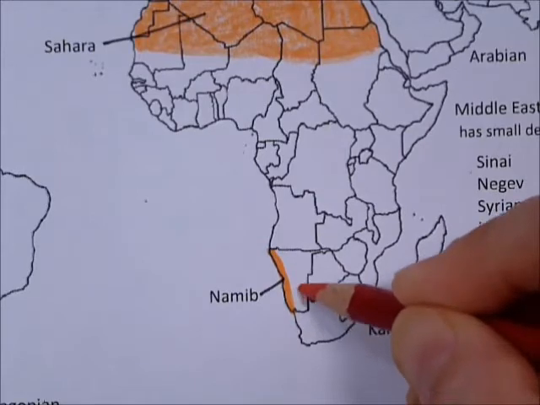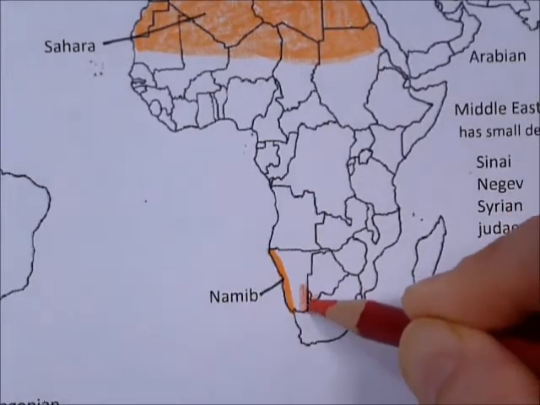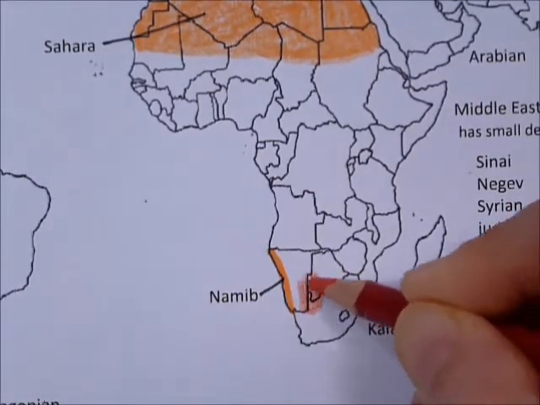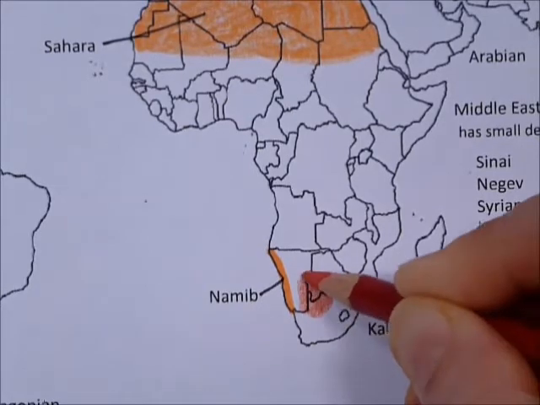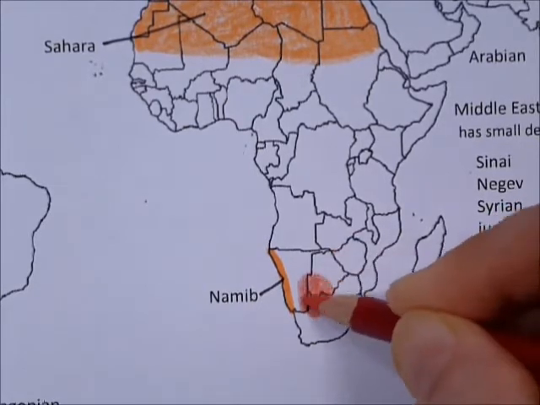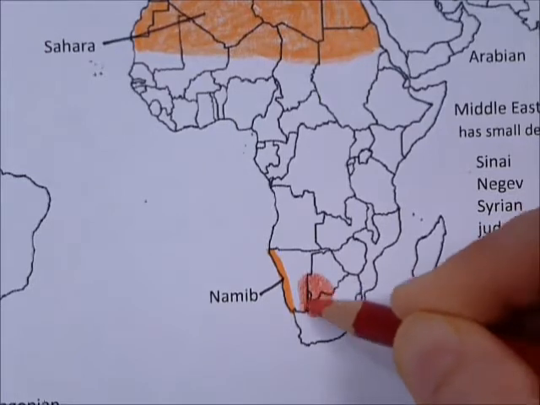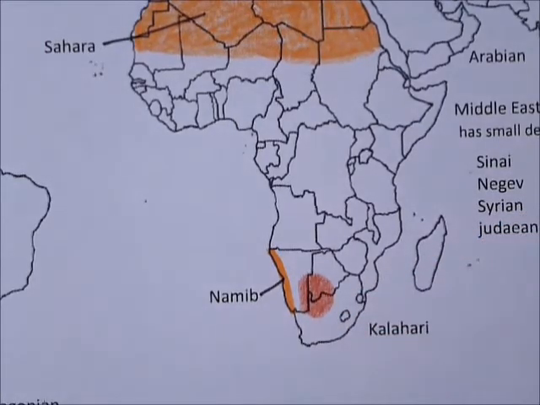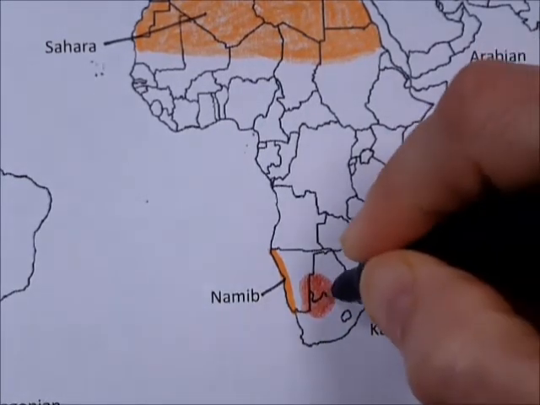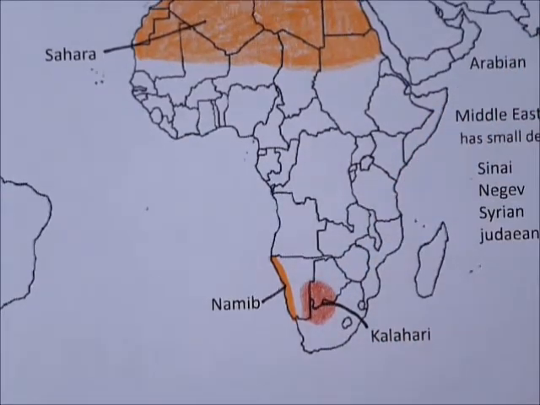It's part of Namibia, goes down to South Africa, kind of something like this, approximately. Of course, again, this is a pretty rough approximation. It's not really an exact circle, but it's good enough. Kalahari.